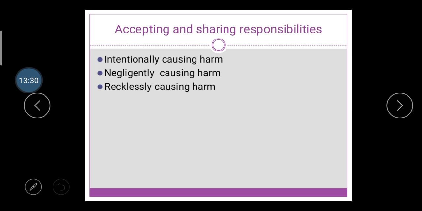Then after, rescuing and preventing harm. It means in this situation the engineer knows about the situation and tries to solve the harmful condition and tries to save the public.